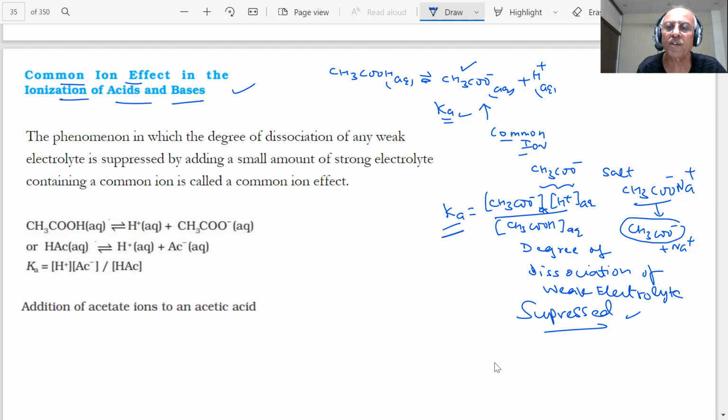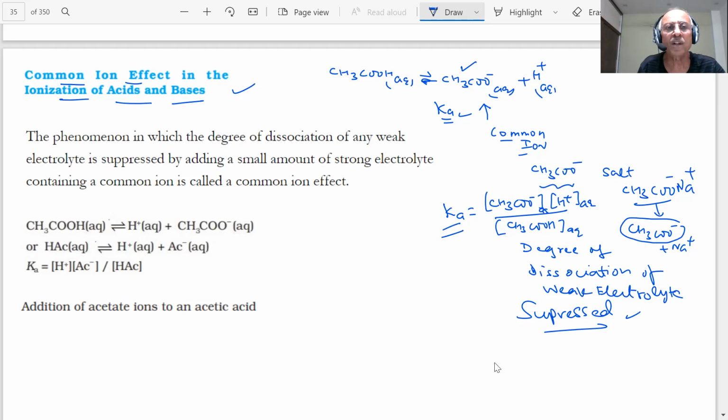This value is constant, a fixed value. If I increase this, what is the result? This has to go back to the same value. How will it go back? It will shift in the backward direction. If I add H plus from outside, again the same thing will happen.